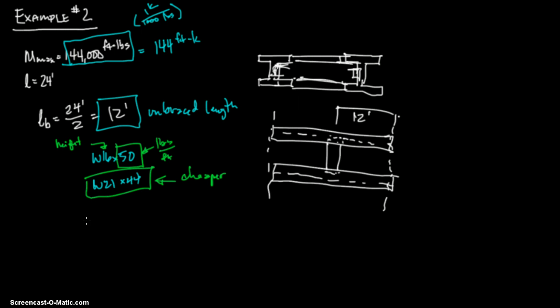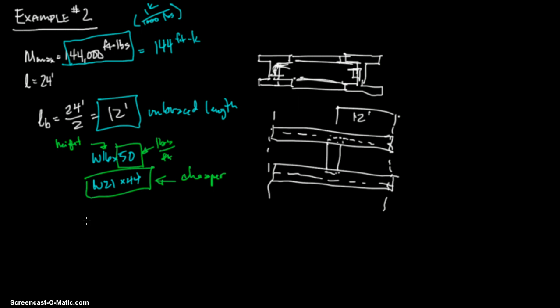And we can probably go back over here and say, if it's actually continuously supported, we could go to 0, go up to 144 on the chart again, and you'll still get W21 by 44. I hope you understand what I'm saying.